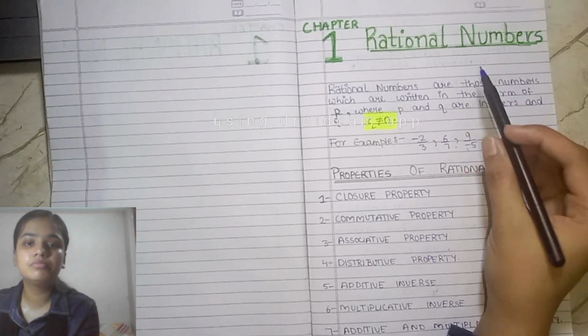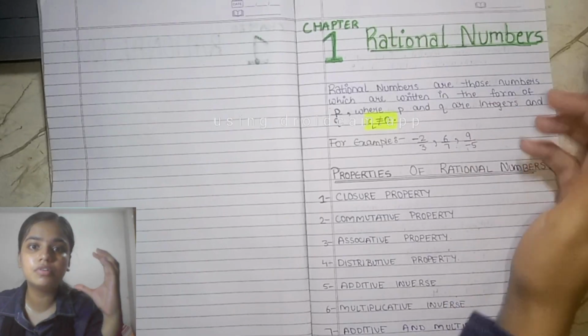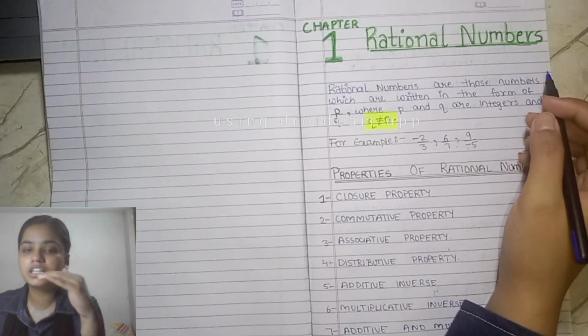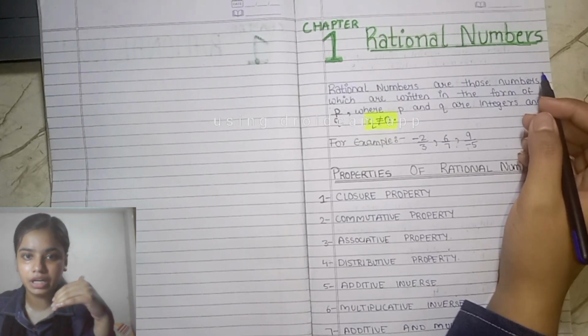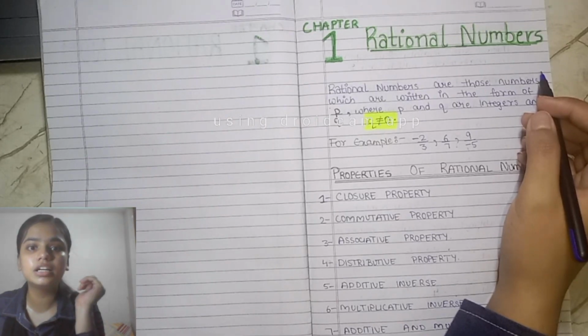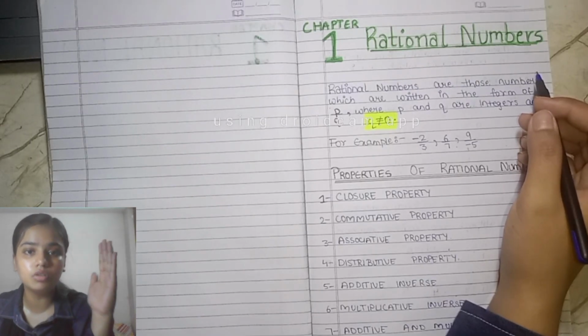So we can simply see a rational number as a type of fraction. In a fraction there is one numerator and one denominator. So there is some term in the numerator and some term in the denominator. So the condition of a rational number is that the denominator will never be zero. Means the denominator will always be non-zero.